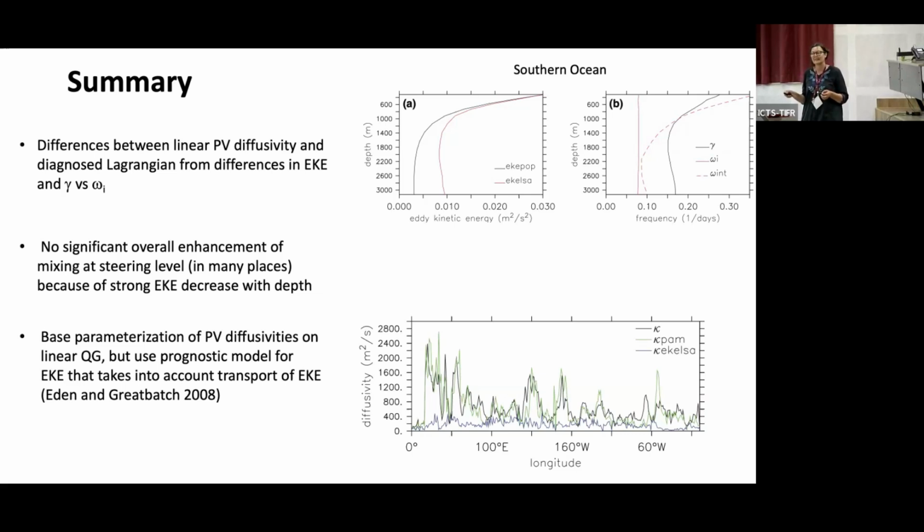You can still base a parameterization on this prediction from linear stability theory if you use a proper EKE, and there are ideas on how to use a prognostic model for this eddy kinetic energy. And then you also have to make some modifications to your growth rate: you have to use a larger growth rate and a depth dependence.